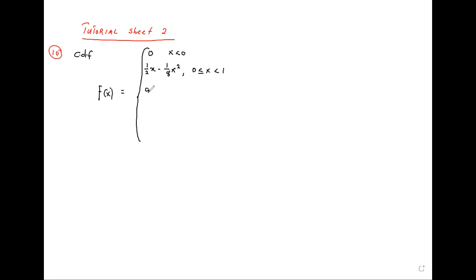A plus 1/4x when 1 is less or equal to x less than 2. And B plus 1/8 x squared minus 1/4x when 2 is less or equal to x less than or equal to 3.